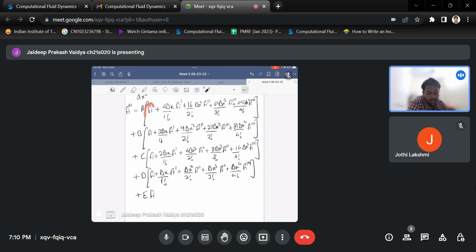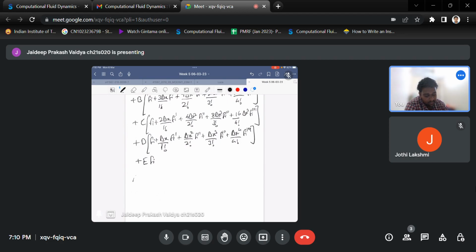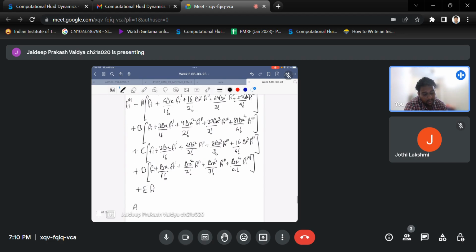Here the function value fi has 0 coefficient on the left side. So I can write a into fi plus b into fi plus c into fi plus d into fi plus e into fi and equate that to 0, since there is no such term on the left side. So a plus b plus c plus d plus e is equal to 0, and I am calling this equation number 1.